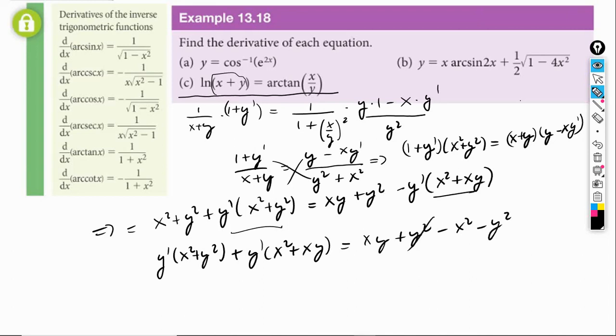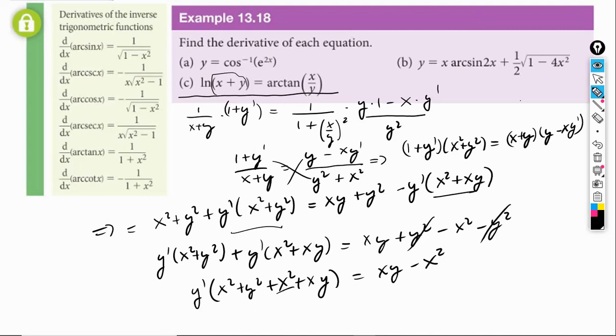So notice that this and this will cancel out. Okay, so now let's factor out y prime. So this is going to be y prime times x squared plus y squared from the first term plus x squared plus xy from the second term. And this will equal xy minus x squared.